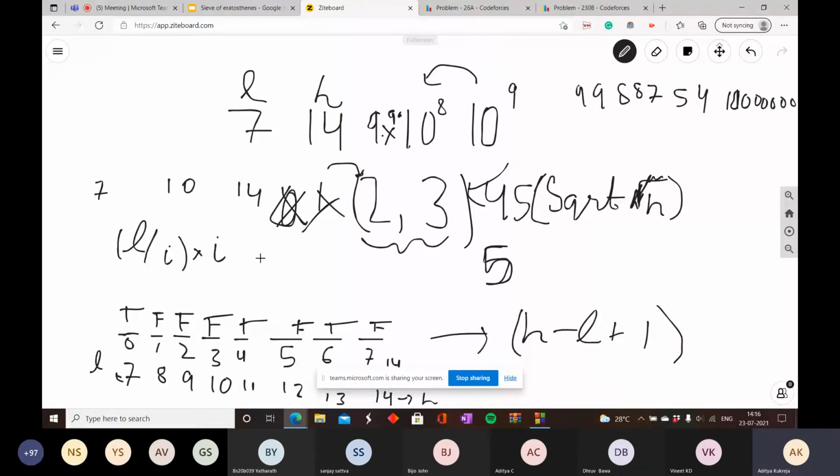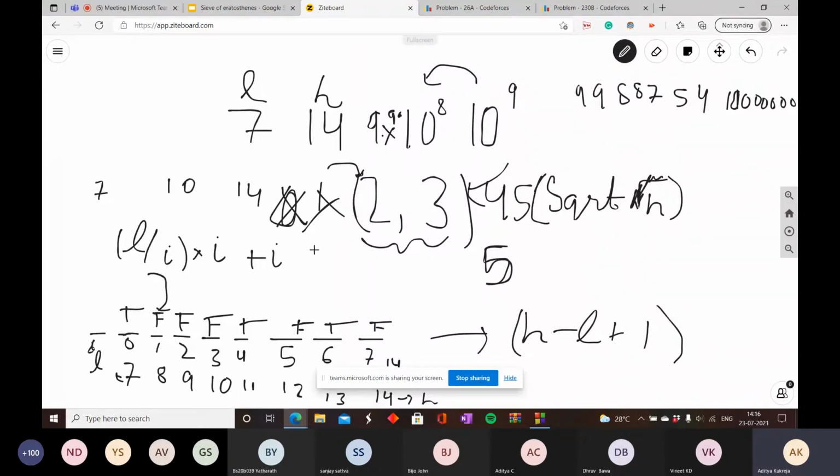And when you multiply it by 2, you would get 6. So your index would start from 6. But now 6 does not lie in this range. So if I does not divide L, if it leaves a remainder, you would just add I to this. So this was 6 initially, it would now become 8. So you would check this element, which is 8, and then you would start crossing out the multiples.